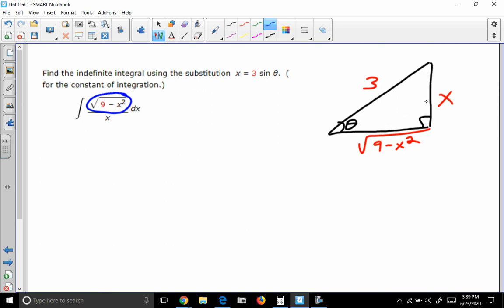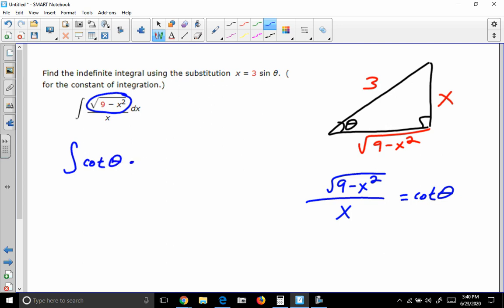If we do this side divided by that side, square root of 9 minus x squared over x, that's adjacent over opposite, and that's cotangent. That's cotangent theta. So we could replace that fraction with cotangent.